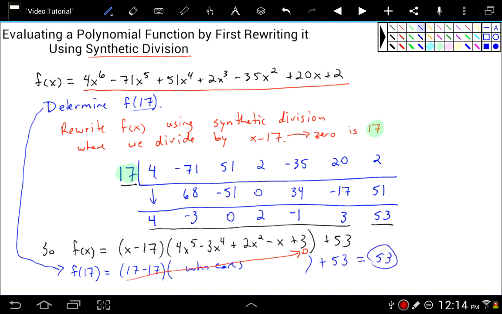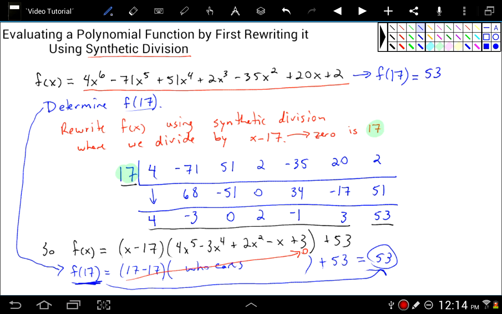So f of 17 is simply 53. And you should verify that just for your own understanding. If you were to plug 17 into the original form, using a calculator of course, you should also get 53.